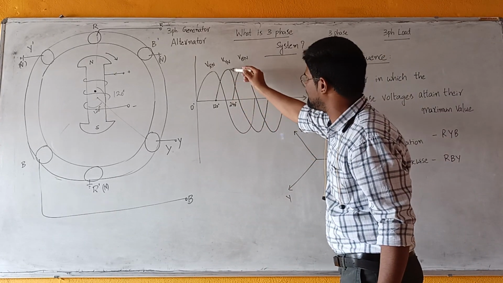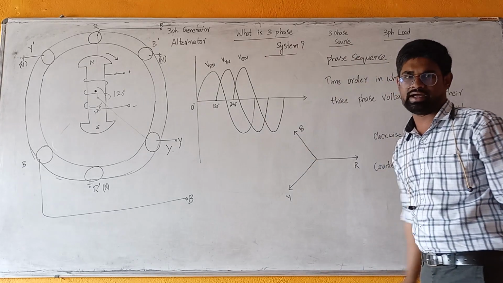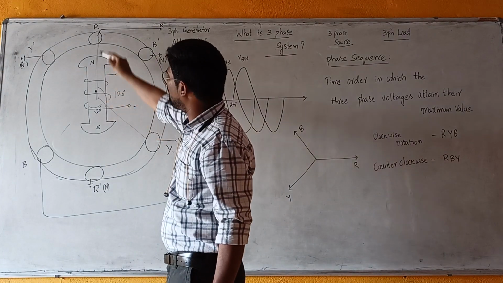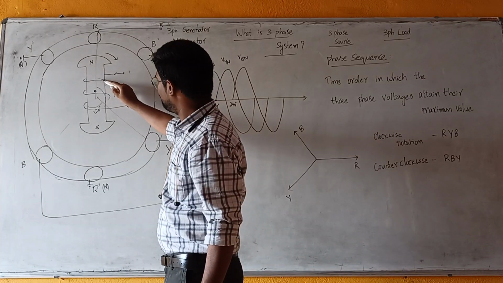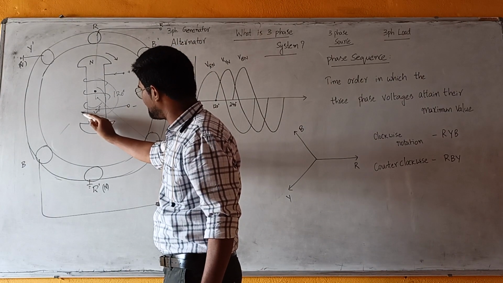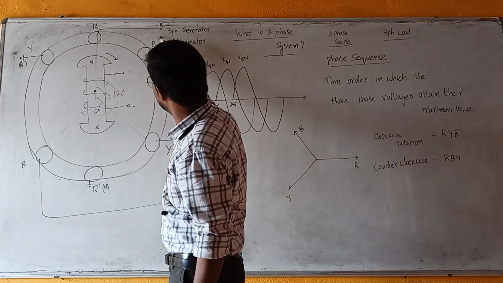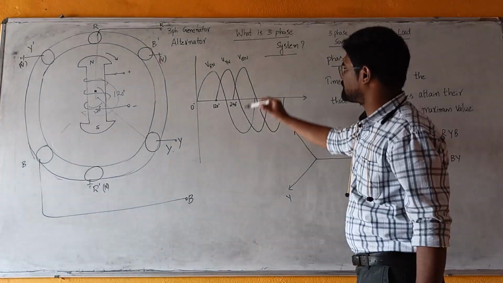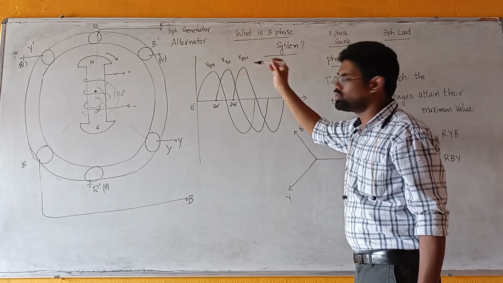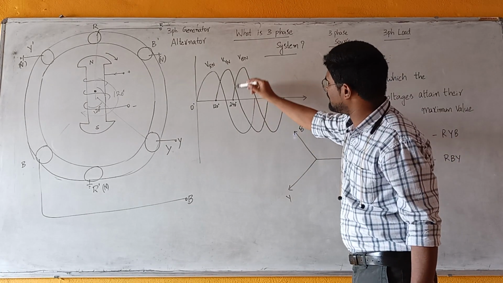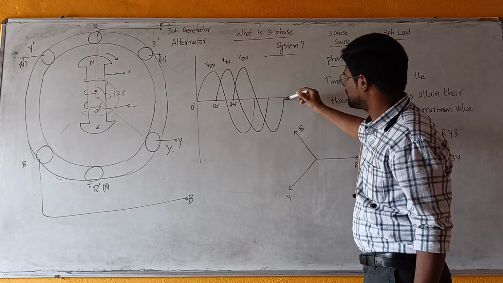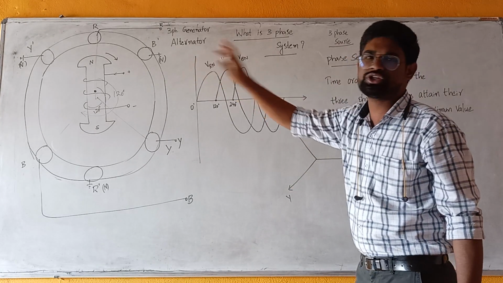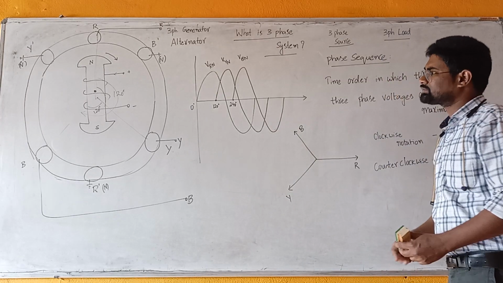Again with respect to the R set of conductor, the flux rotates and after 240 degrees, voltage gets induced in B winding, third winding. Voltage induced in the third coil starts at 240 degrees and this is the voltage induced in third winding. And these are the 3 voltages induced in 3 windings.